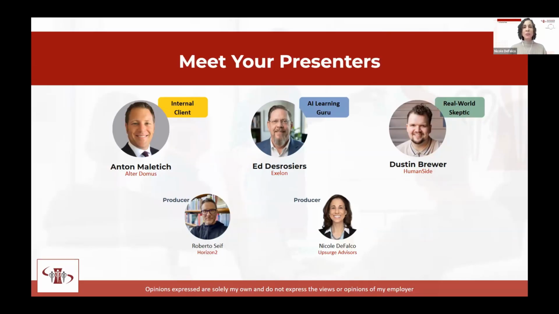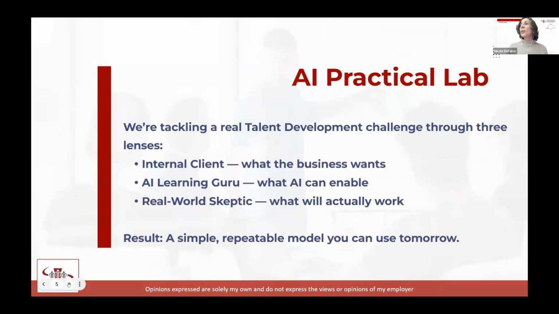Dustin has agreed to be the real world skeptic, and I will just MC this thing and carry us through. And I might bounce around from client to skeptic back and forth a little bit. So this is just, again, a summary. We're going to use this same model where we're using AI to address an internal client's particular problem or challenge or opportunity. And then we're bringing the skeptics to make sure it's real life.